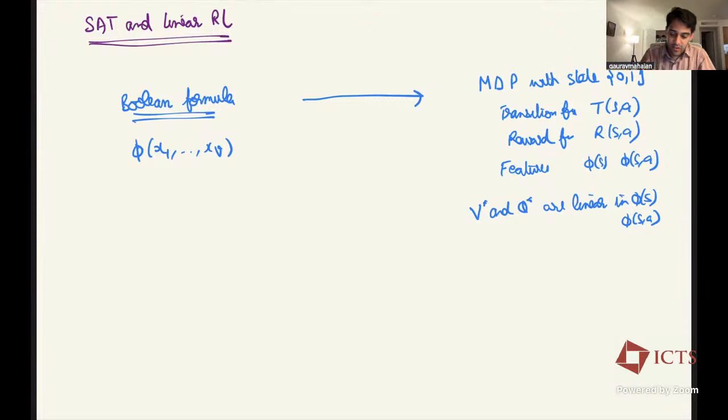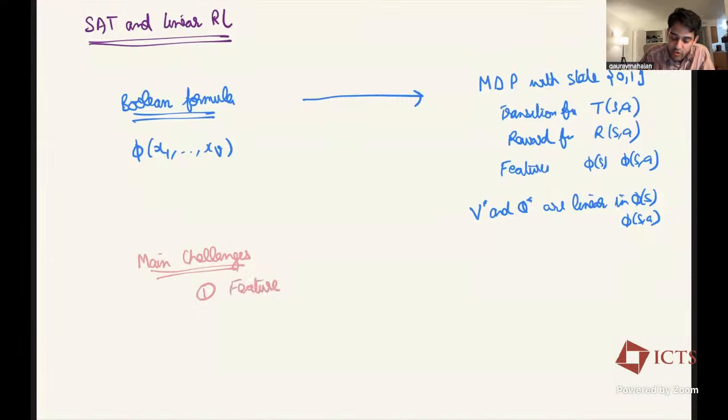So there are two computational challenges here, and I would consider them the main challenges. We're restricted for this feature dimension, this D. We want this to be polynomial in V. It cannot be bigger than polynomial.